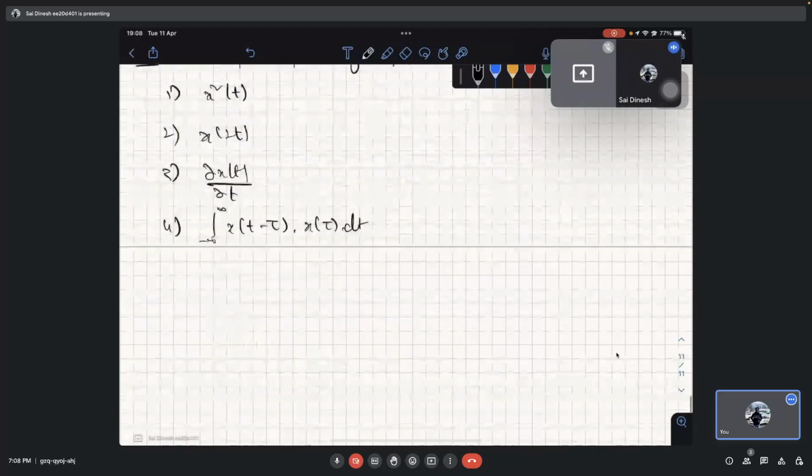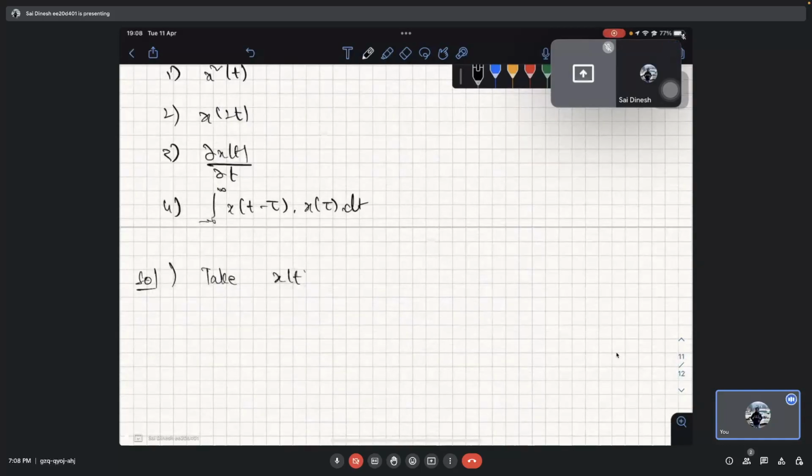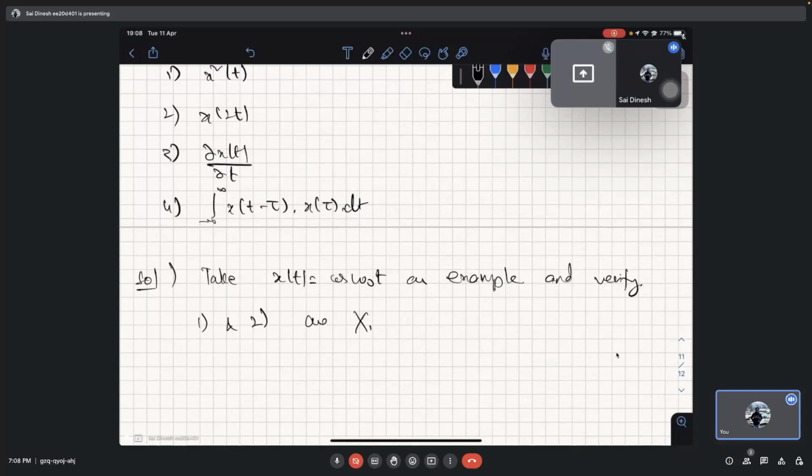Solution: take x of t equal to cos omega naught t as an example and verify. 1 and 2 are not possible.